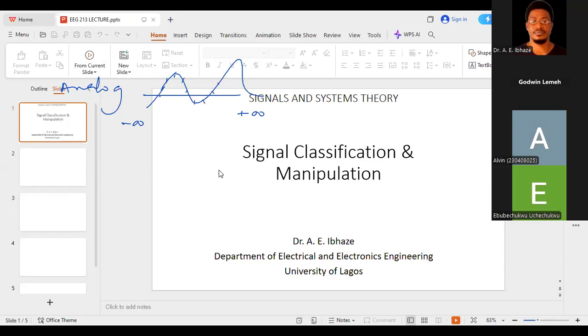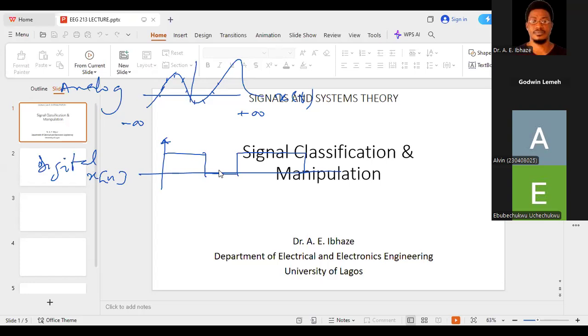Now, the digital signal, on the other hand: we say s of t, then the digital signal, s of n, is a discrete time signal, okay? So we say digital. This is a discrete time signal that can take on a finite number of distinct values, okay? So there we could say we are moving from some high state to some low state, and we say this is a digital signal, okay?